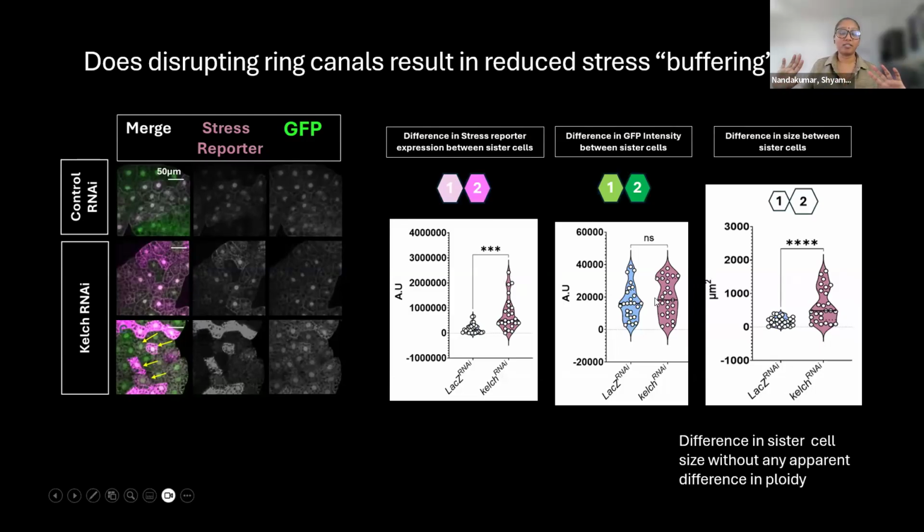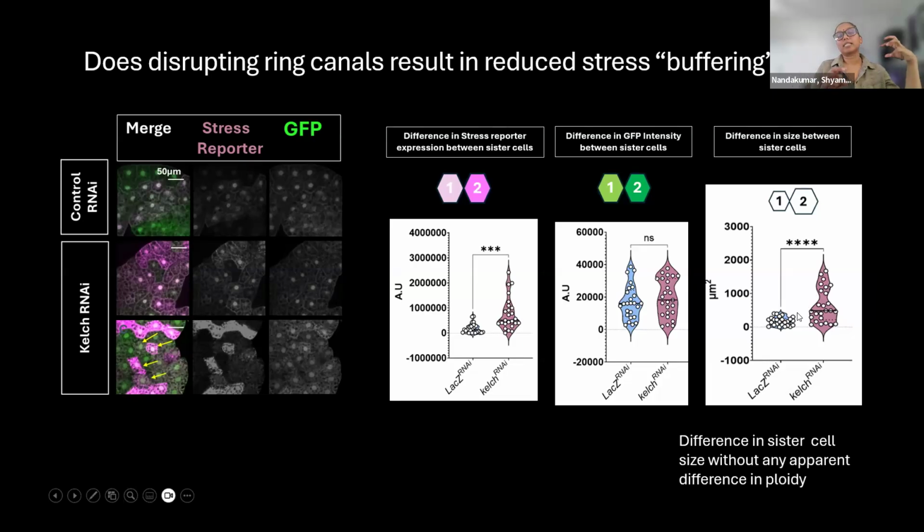I should remind you that this is a snapshot. So this is not like the cytoplasmic GFP that I showed you in previous slides with fluorescence recovery after photobleaching. These are fixed tissues.